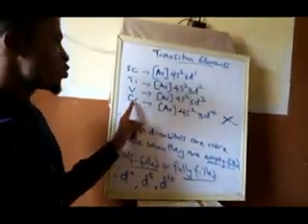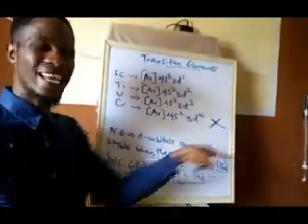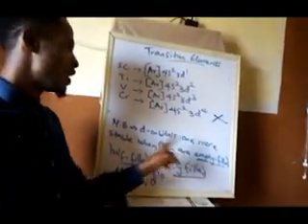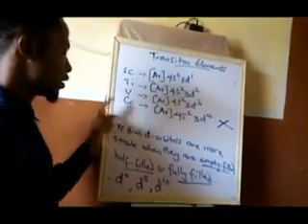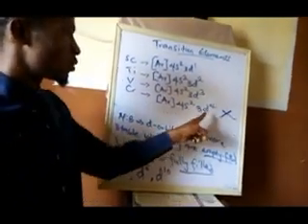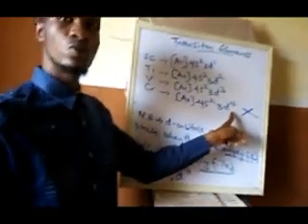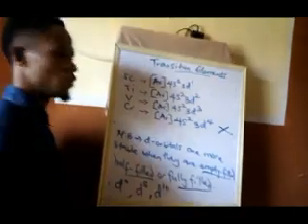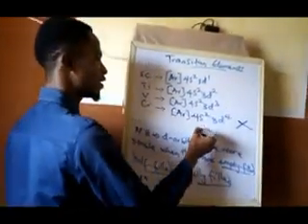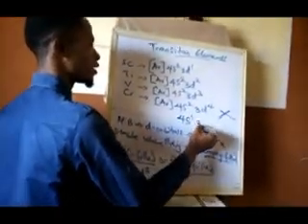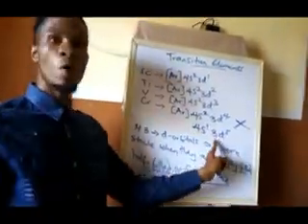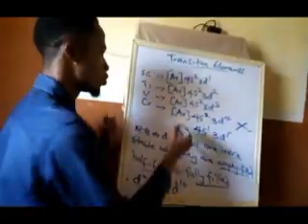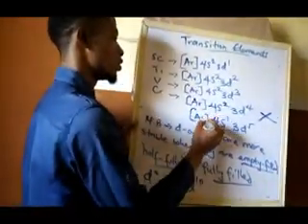Now, because chromium is close to attaining its stability, instead of this, it will prefer taking 4s1 3d5 so that chromium becomes more stable.